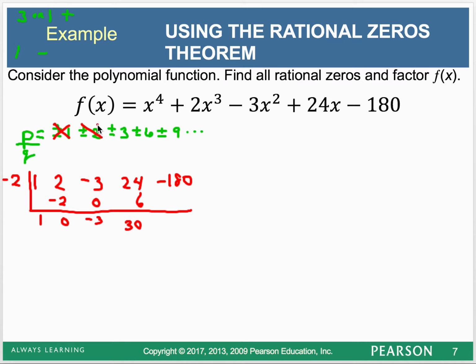So it's not negative 2. We're getting closer to it though, so maybe it'll be 3. Let's hope, right? So let me see what I'm doing. All right, let's try 3. 3 times 1, whoops.